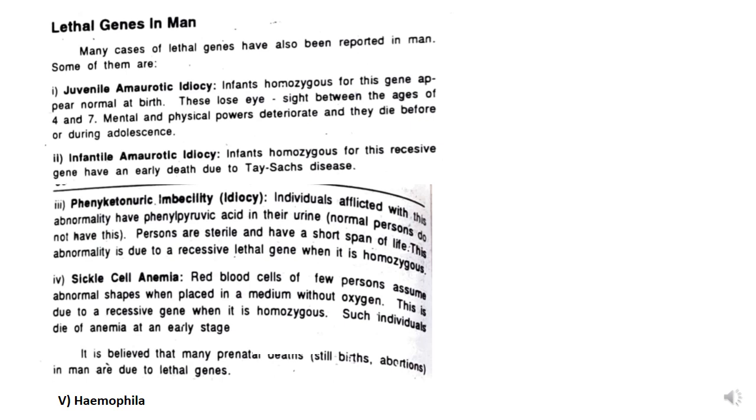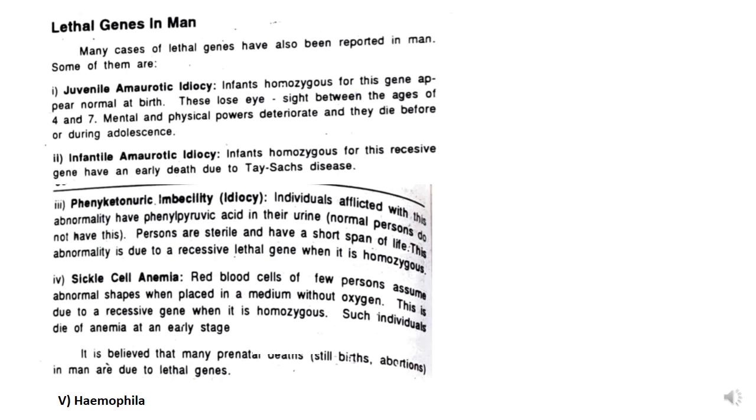Individuals with this abnormality have phenylpyruvic acid in their urine, and normal persons do not have this. These persons are sterile and they have a short span of life, and this abnormality is due to the recessive lethal gene when it is homozygous. So these are the three diseases which you can learn, which are lethal in man.